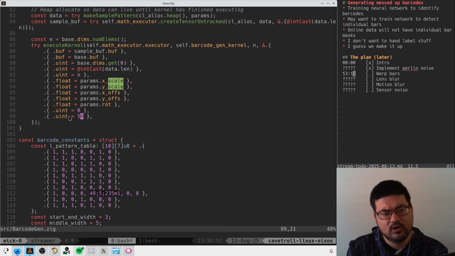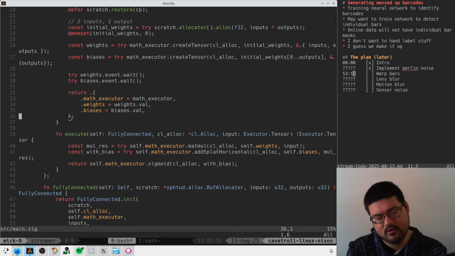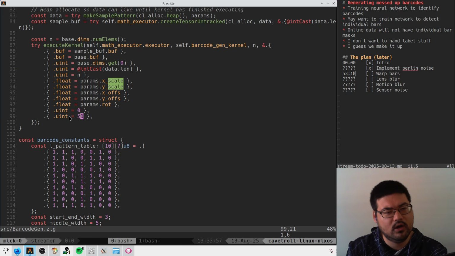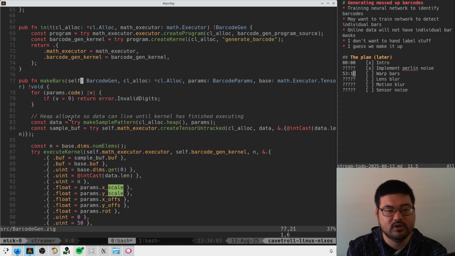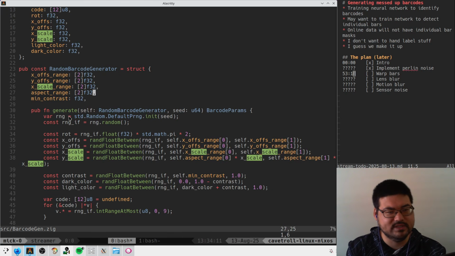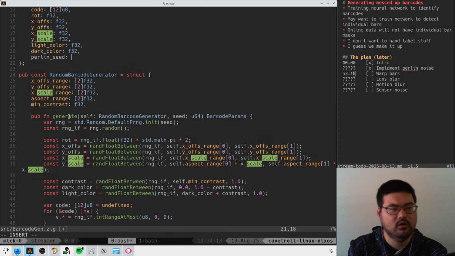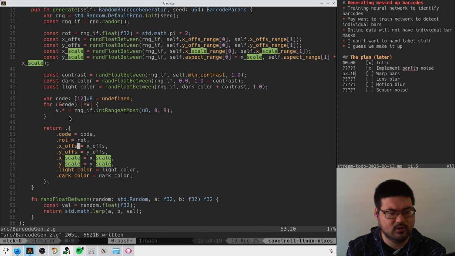So I want to do something like, do we have seed being passed into this already? I think when we generate barcodes, oh, they're used for the parameter generation. We can put Perlin seed in here probably. U32, I think.